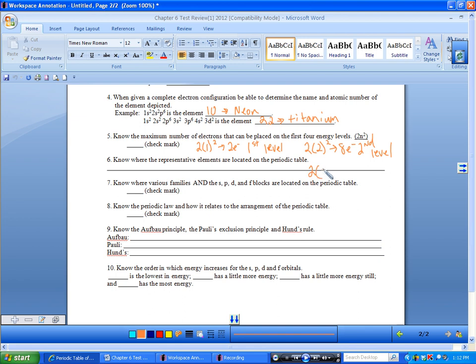Third energy level, 2 times n, the energy level number 3. So 3 squared is 9. 9 times 2 gives me 18 electrons for the third energy level. And then for the fourth one, it's going to be 2 times 4 squared. That's 16 times 2 is 32 electrons on the fourth energy level.